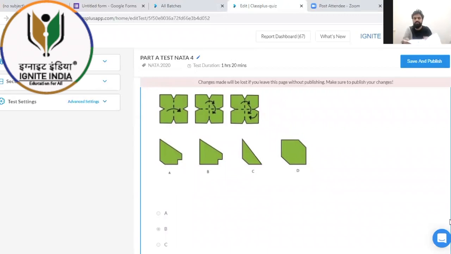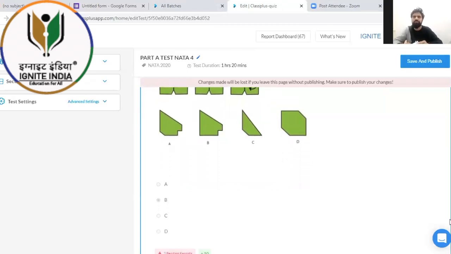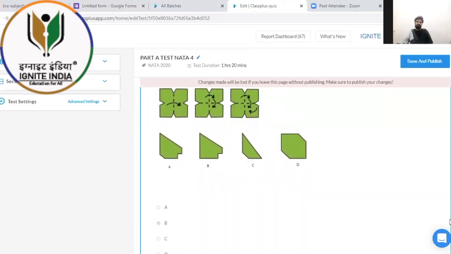In the second step, if you fold the paper from here, and then fold the paper like this, how will it look? Option B, option C, which one is the right answer? At the same time, there is a fold also here. So A and D are not possible, it is either option B or C.